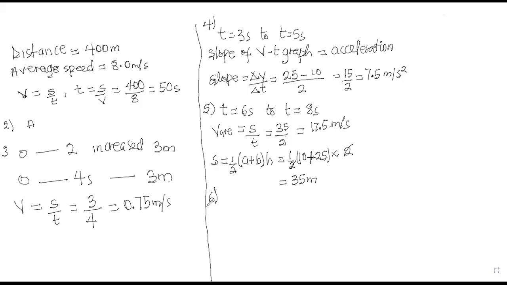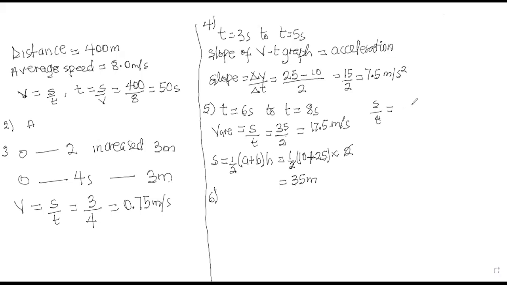No. Sir, please, I did not understand anything. Marilyn, you see, average velocity or speed is total distance over total time taken. So you must look out for the total distance during the time interval from 6 seconds to 8 seconds.